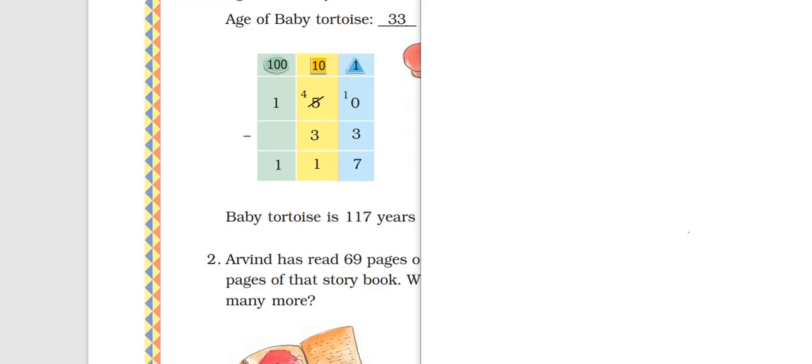First let's put the places: hundreds, tens and ones. We have 150, 1 hundred, 5 tens and 0 ones. We have 33, so 3 tens and 3 ones, and we are subtracting.